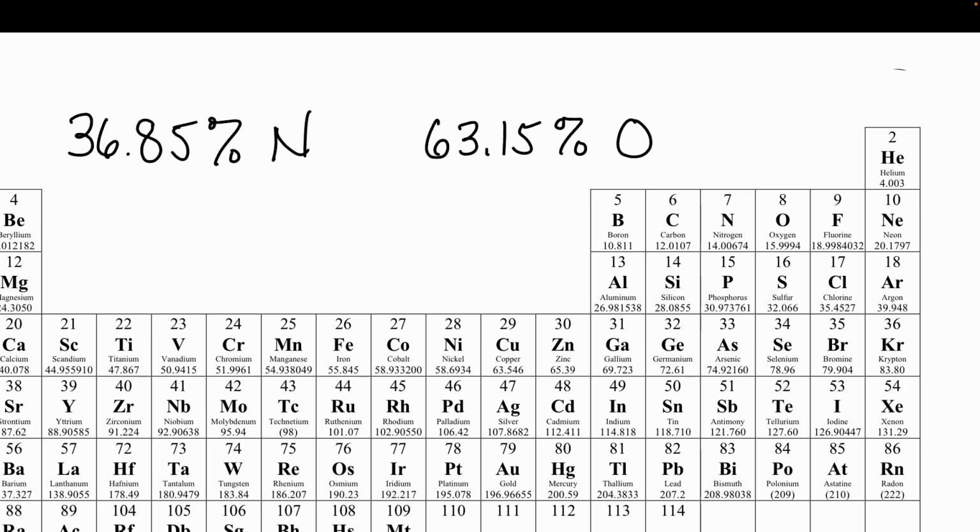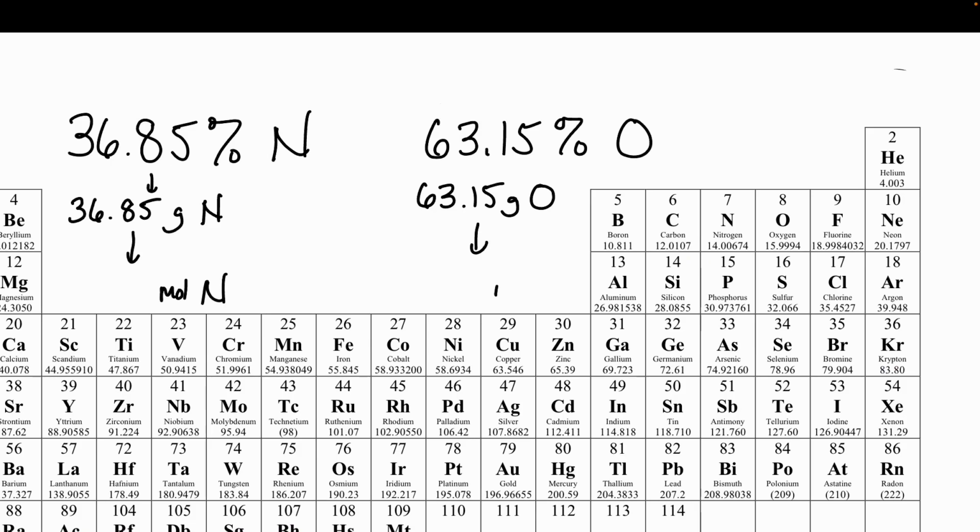Right, so again, the first step is to assume that we have 100 grams total, meaning there are 36.85 grams of nitrogen and 63.15 grams of oxygen. And then we're going to convert both of these to moles of each element using that molar mass.